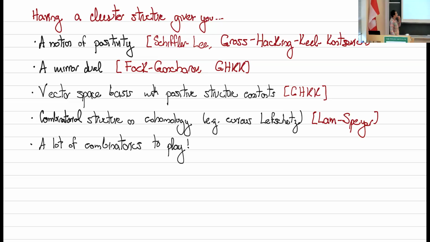This mixed Hodge structure is pure. I don't want to say what that is. And there you can define a curious Lefschetz property that cluster varieties always satisfy. So they give you nice combinatorics. And in general, having a cluster structure gives you a lot of beautiful combinatorics.